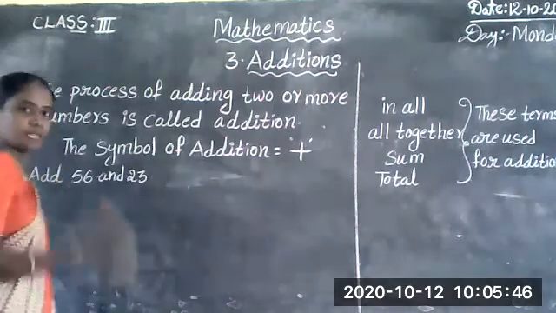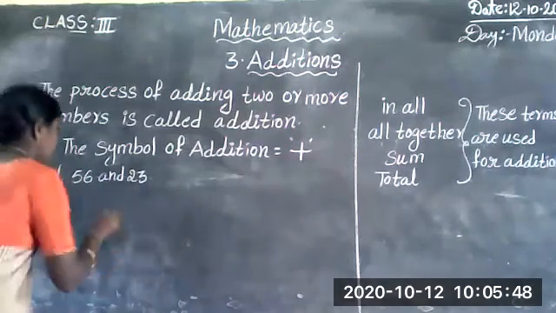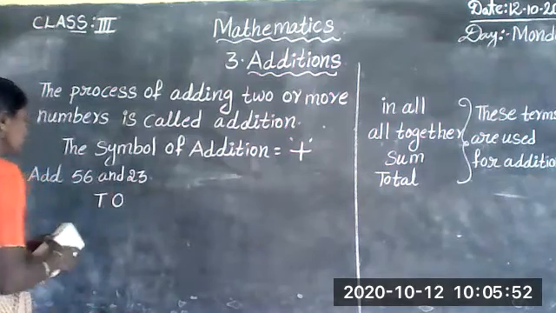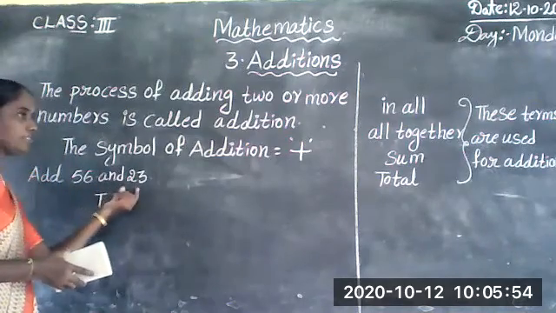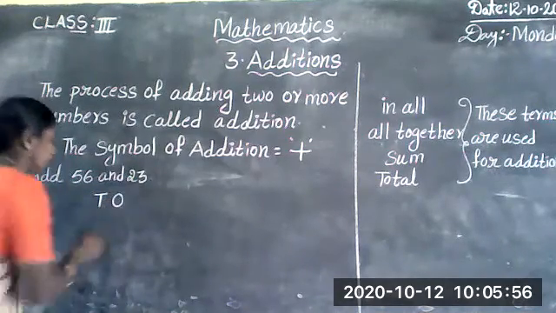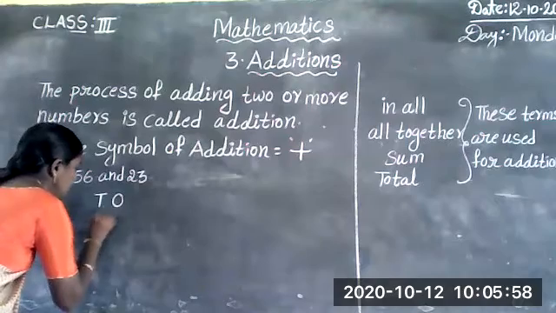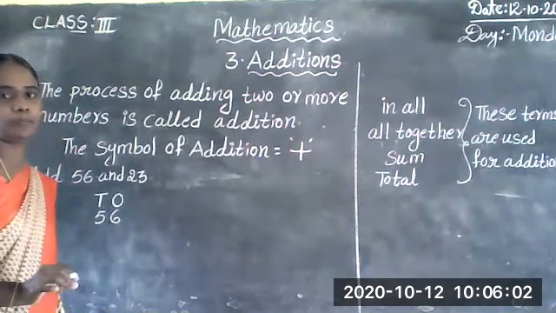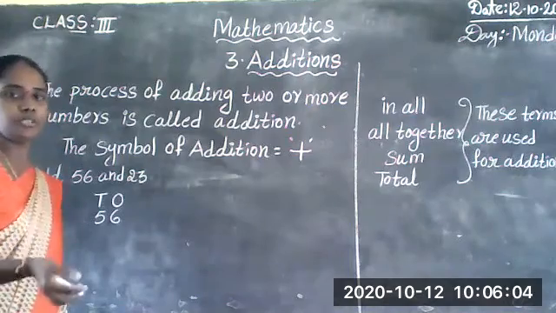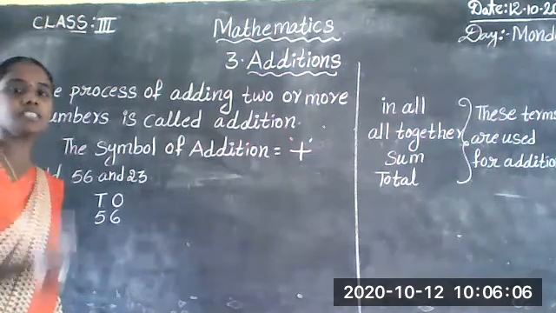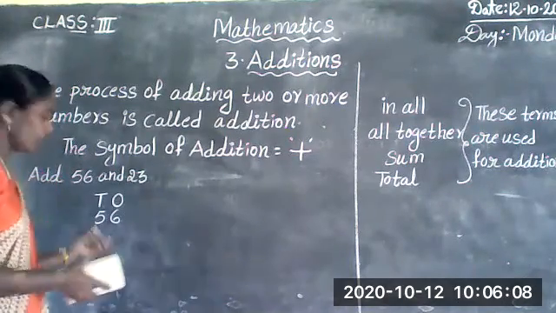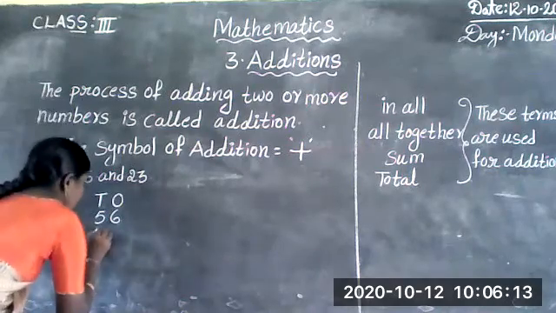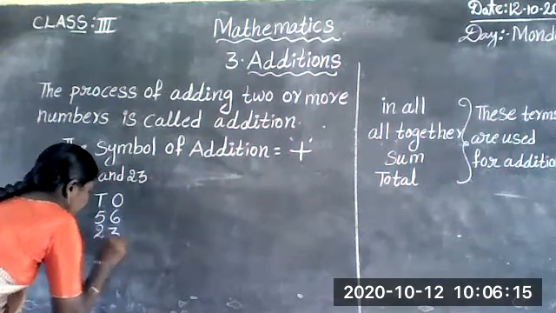How to write in place value chart columns? Ones, tens. Write 56 and 23 in columns. 56 is a two-digit number, and 23 is also a two-digit number.